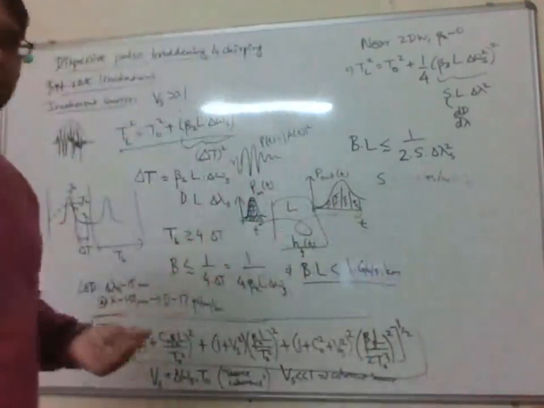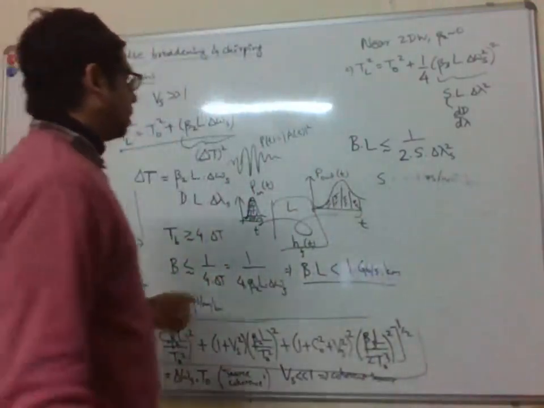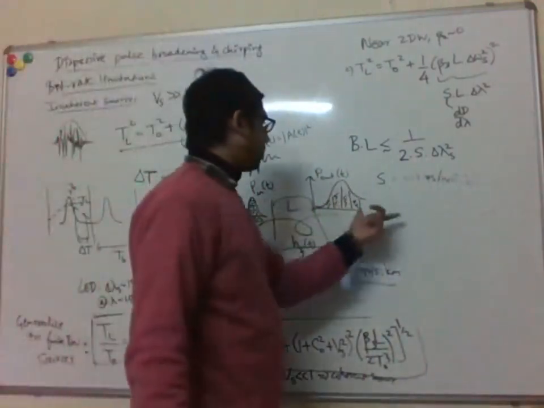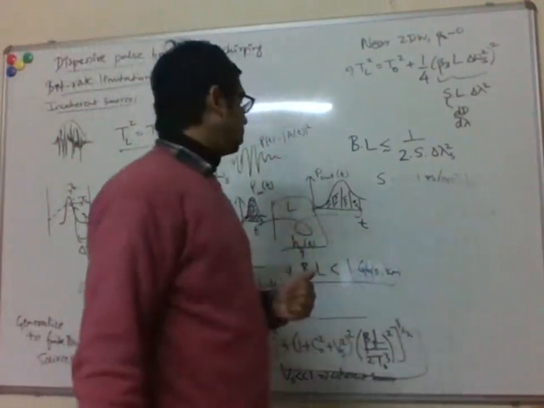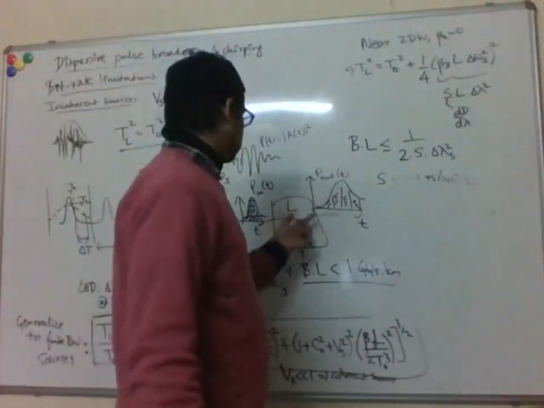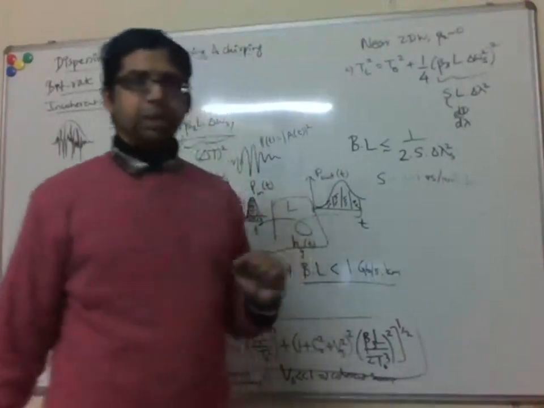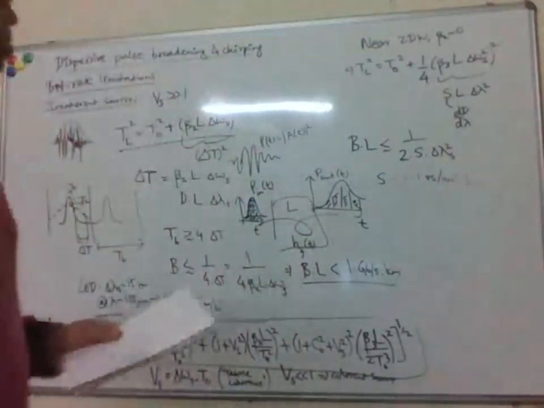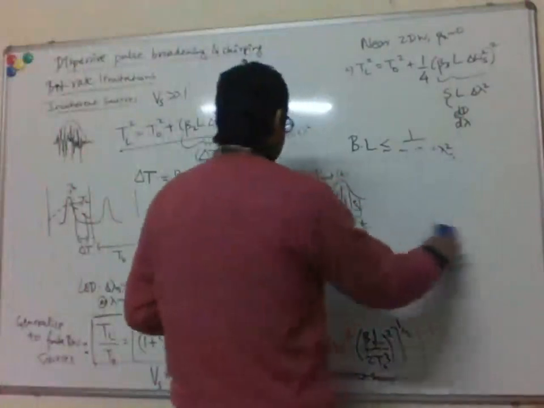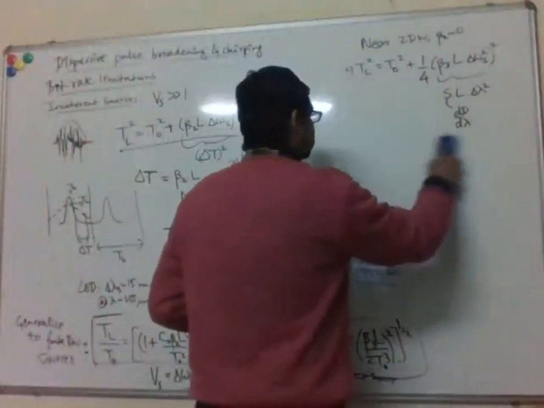So that's one way to compensate for dispersion: in the electrical domain, after you detect, you can have appropriate phase filters to cancel out the effect of the chirp. Okay, so let's briefly look at how we can define a transfer function for the fiber.